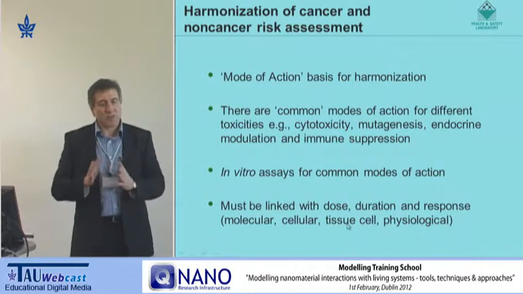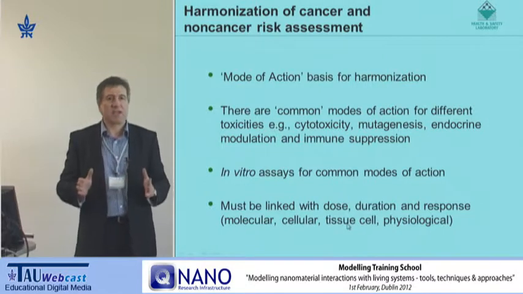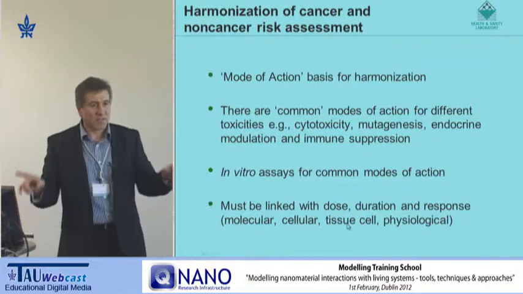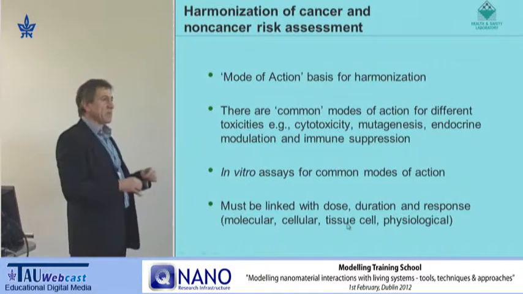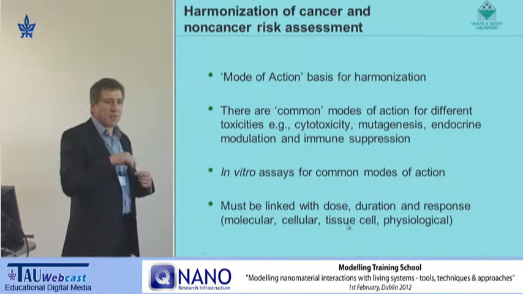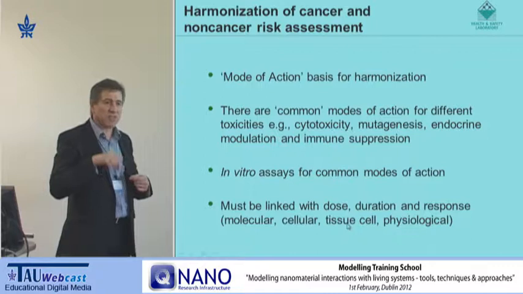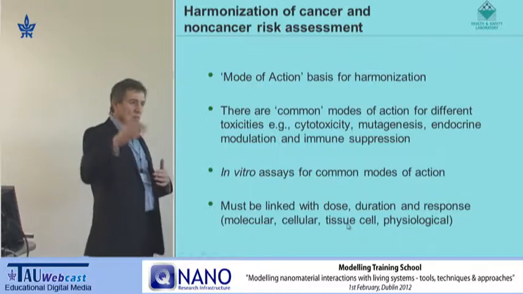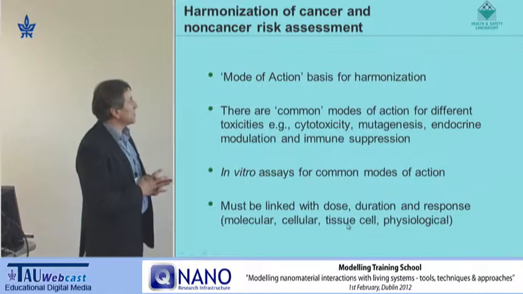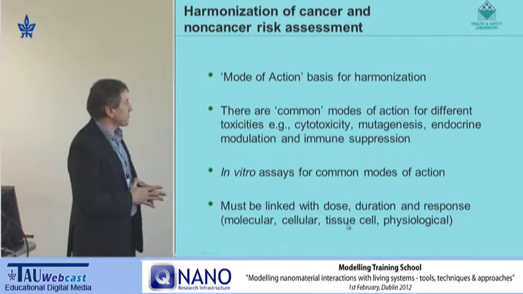There are a number of processes, less than 10 at this moment in time, that we can measure that precede all of these diseases. And perhaps we can develop in vitro systems where we can measure these processes, just looking at perturbations of biochemical pathways. This will allow us to do a risk assessment for a whole range of disease endpoints in vitro.